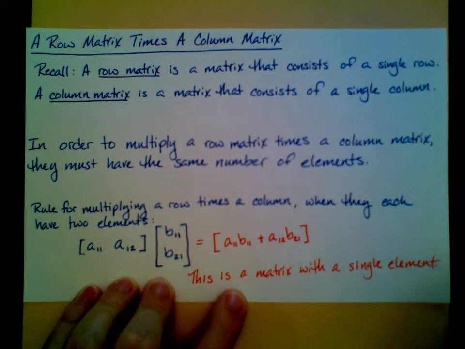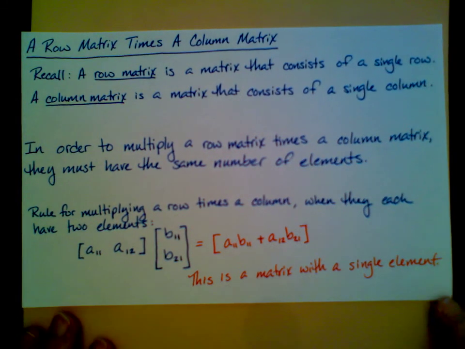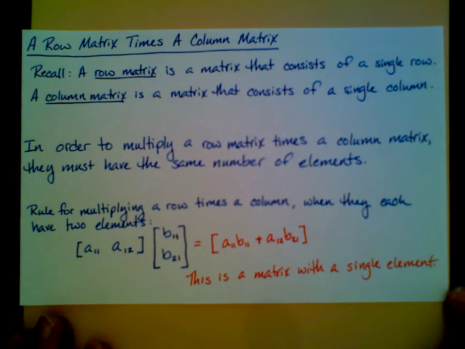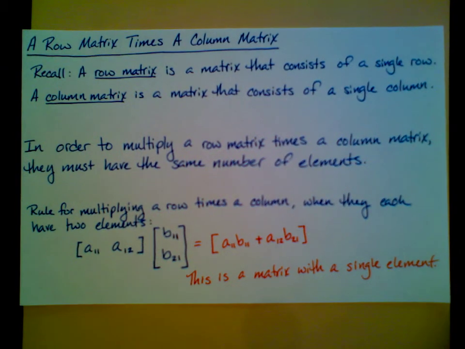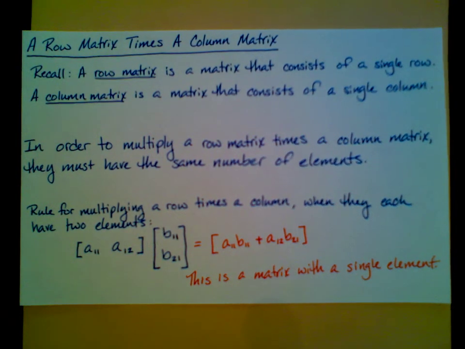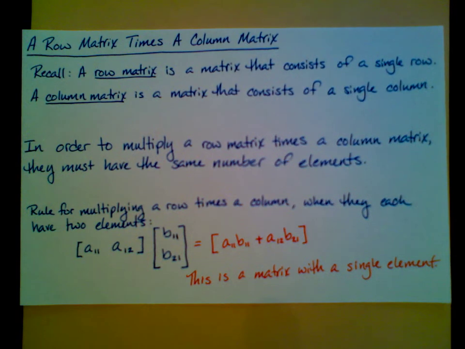So the result of multiplying a row times a column is still a matrix, but it's a 1 by 1 matrix. There is only one thing in that matrix. It is not a scalar, even though there's only one number. The square brackets are important and do make it a matrix.